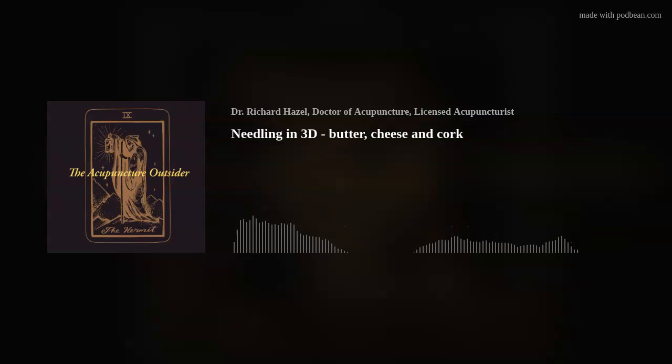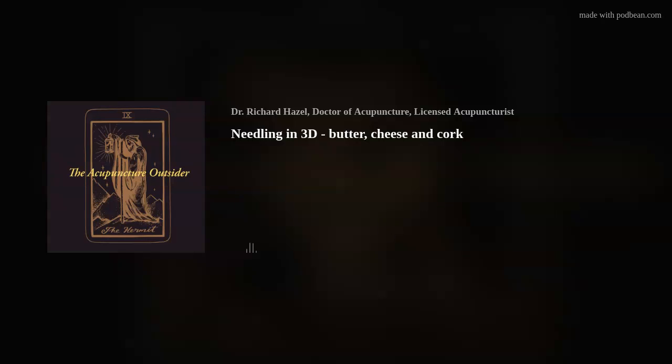So if you just put your needle in, tap it, and get a chi sensation, you're very likely just in the tibialis anterior, and you're not in the extensor digitorum longus where you want to be. And you have to be able to feel those level changes.